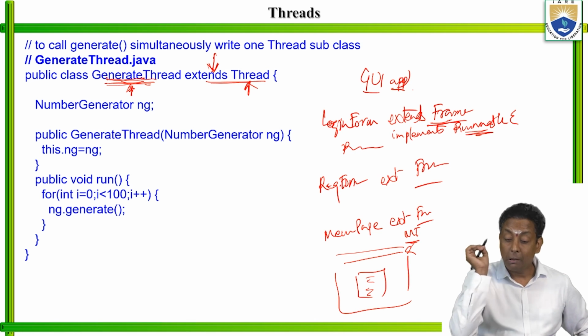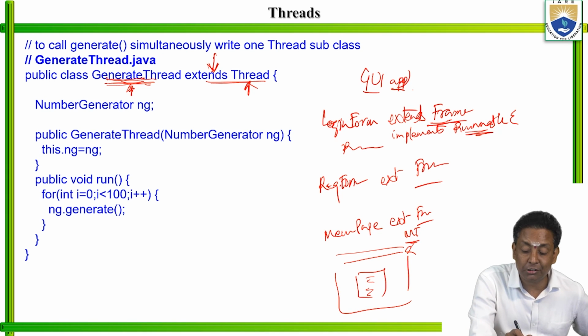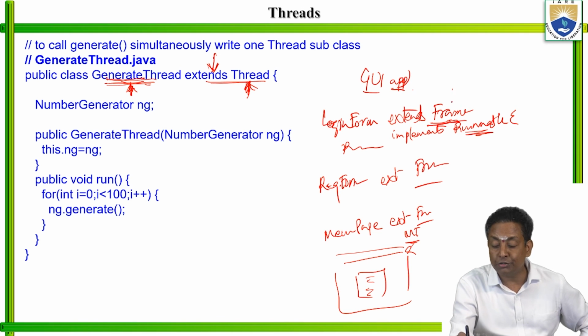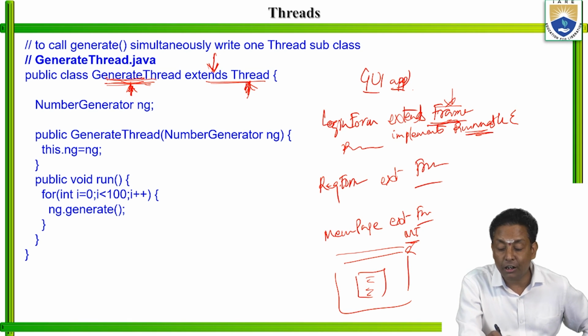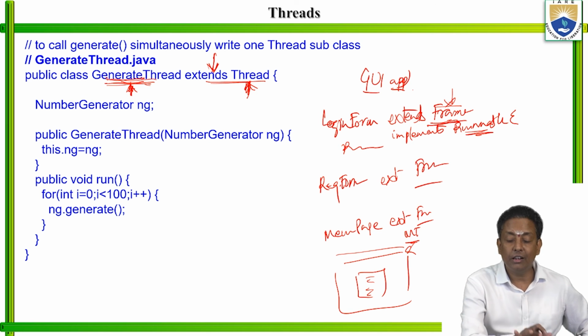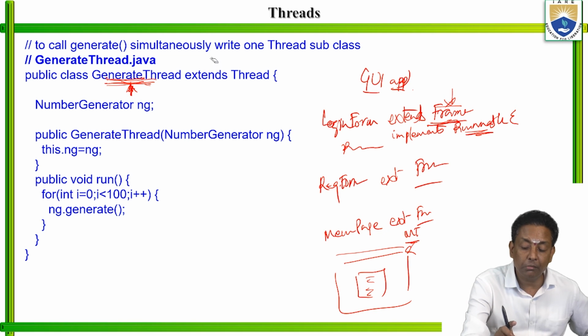That's not a big problem. But extending from Thread limits your class from extending any other classes. When the functionality of another class is your primary functionality and multithreading is an extended functionality, the suggested way is not extending from Thread.